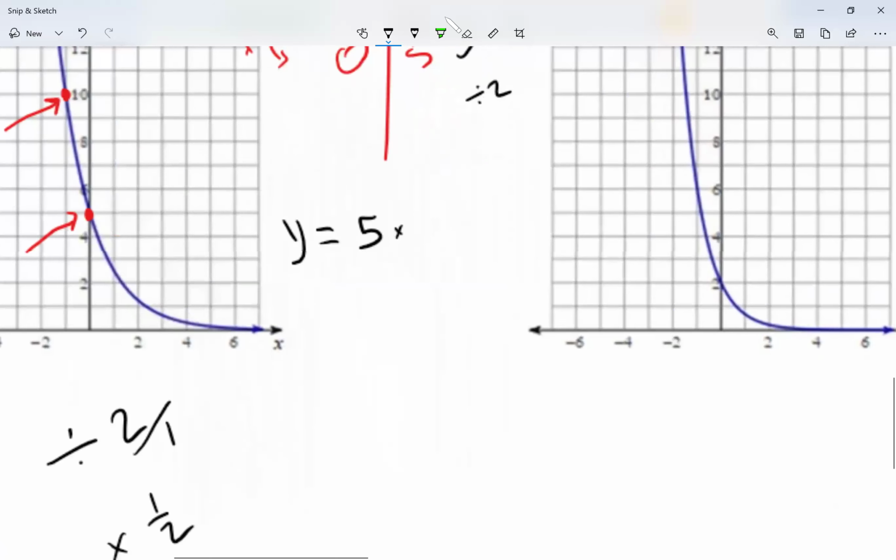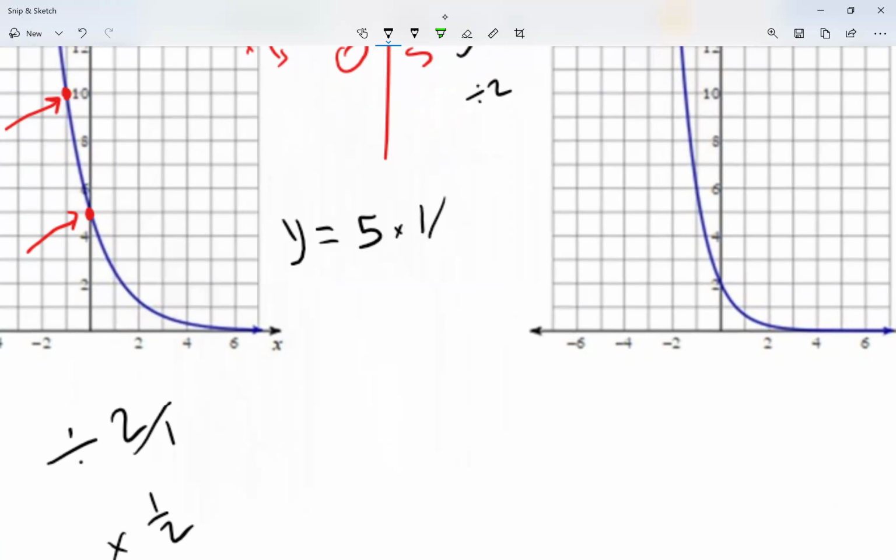You guys are wondering, how am I going to type a 1/2 on my homework? How do I type a fraction? Well, 1/2, and then to the x. But remember, on your homework, you only had to give me the initial value and then the multiplier.